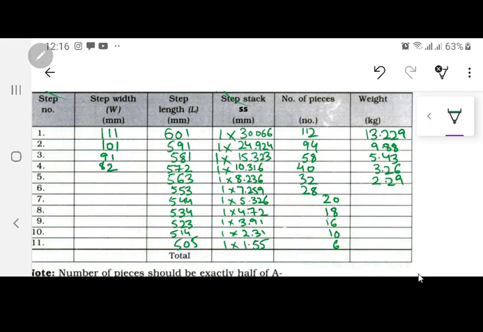Please add this. The last one is 0.084. Next. The last one, 1.73. 0.2.